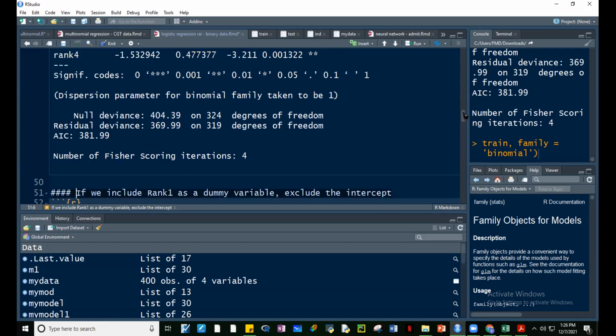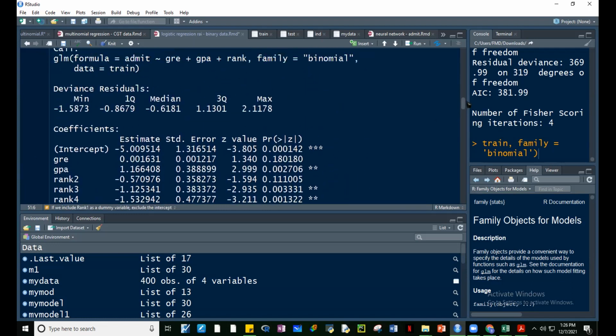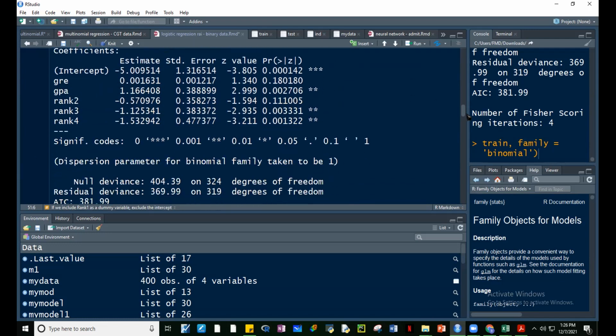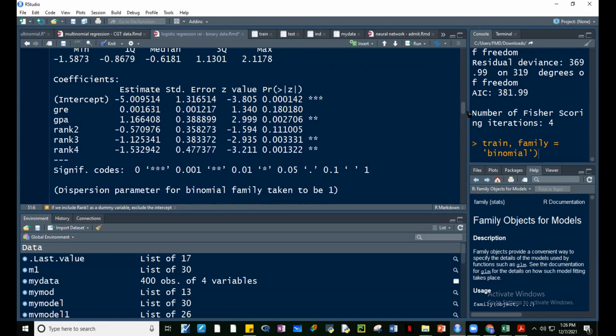Okay. So, let's go back here, guys. Kung titignan natin yung model natin, so we're using GRE, GPA, and rank binomial. So we notice, guys, that GRE is not significant. Hindi significant predictor ng admission to the university, yung GRE. No? And then GPA is significant, so importante.